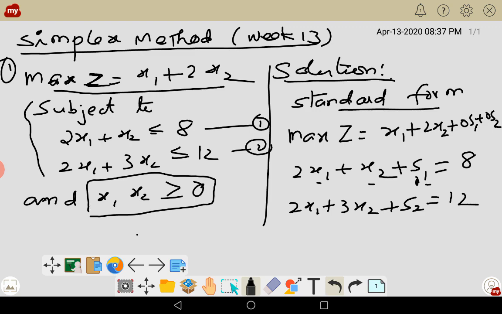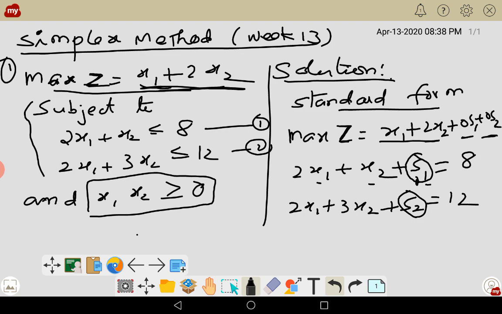Now it addresses all four variables in the objective function. You are adding 0s1 and 0s2 without affecting the originality of z, isn't it? Because we need these newly introduced variables in the objective function. That's why we added their coefficients as 0.